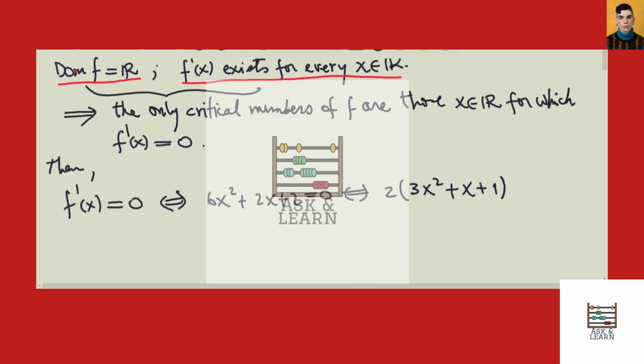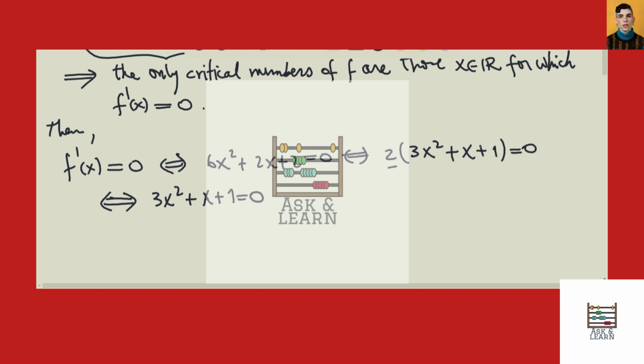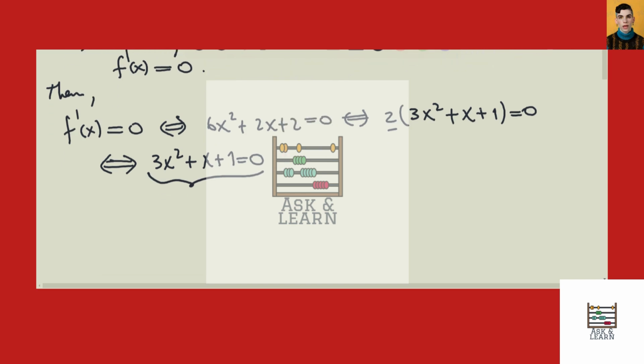And because 2 is a constant different from 0, this is equivalent to the expression inside parentheses, 3x squared plus x plus 1, being equal to 0. That is, the equation we have to solve is this one here, because solving this equation we have all the x for which the first derivative of the function is equal to 0.